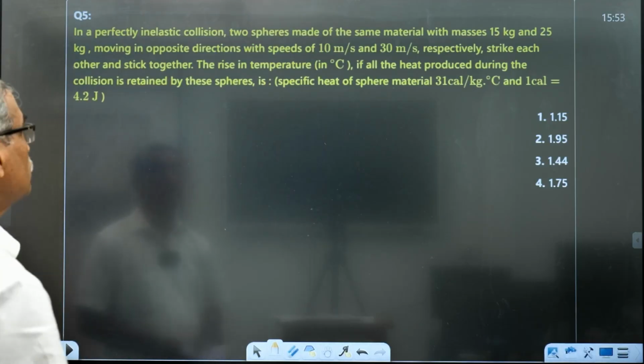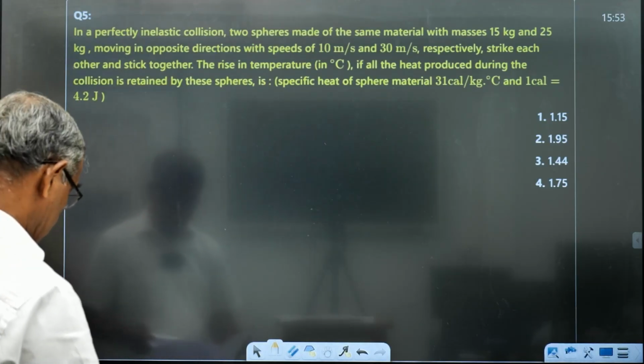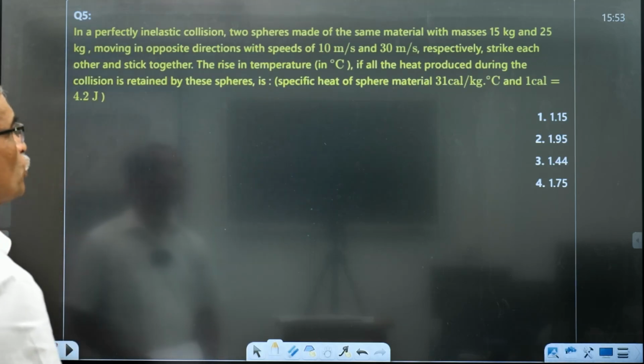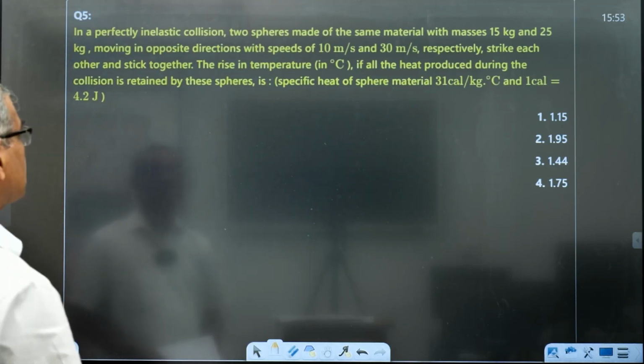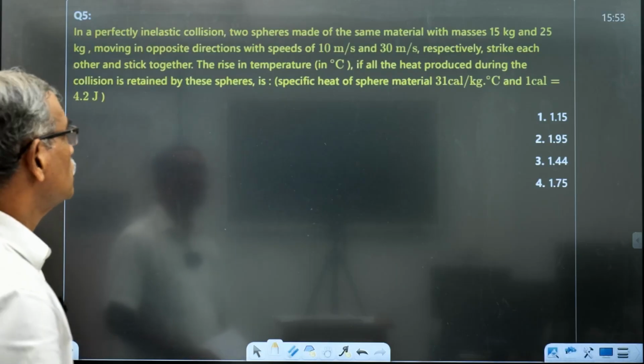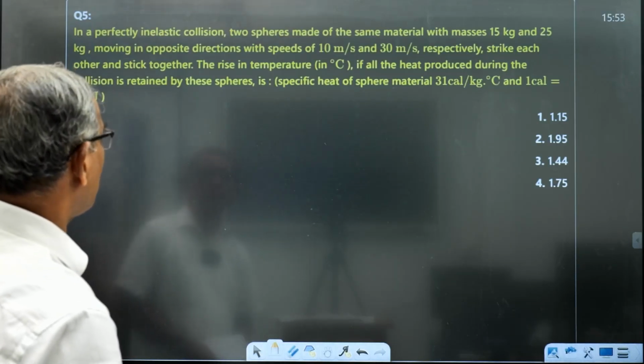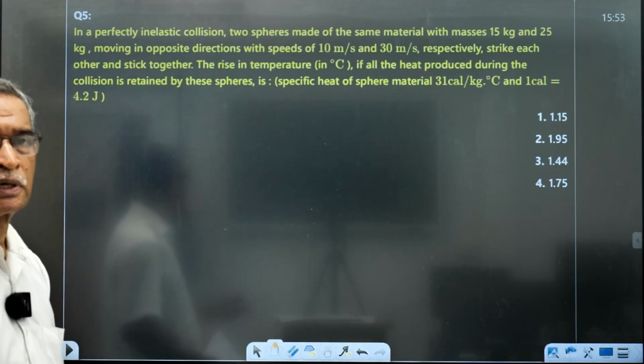Perfectly inelastic collision. The rise in temperature, if all the heat produced during the collision is retained by these spheres, what is the rise in temperature?